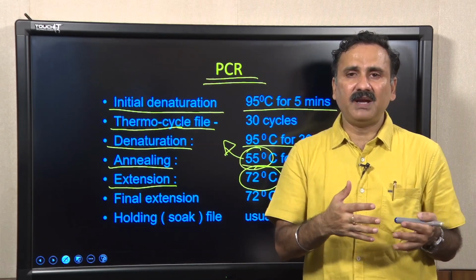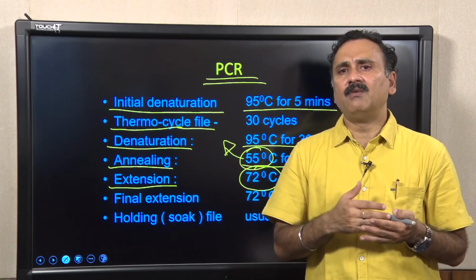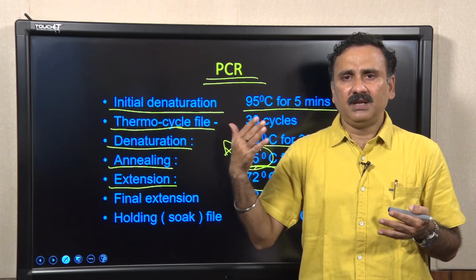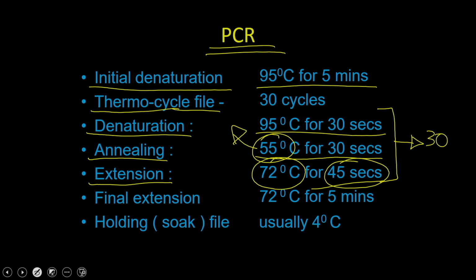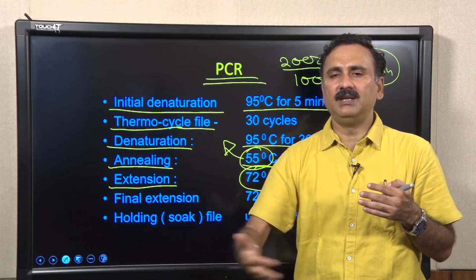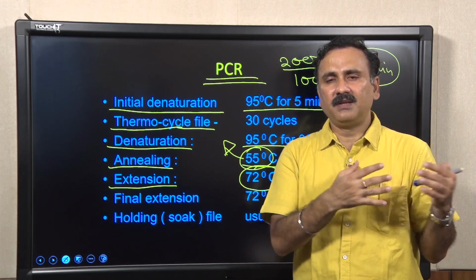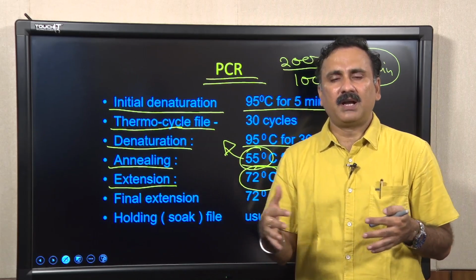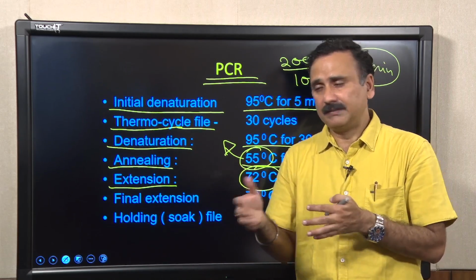For example, if I am amplifying a DNA of 2 kb, I can give an extension time slightly above 2 minutes, because 2000 divided by 1000 gives 2 minutes, but it should be slightly bigger. So I will give 2.1 or 2.2, so that there is enough time for the enzyme to complete the extension. Otherwise, there will be a lot of amplicons that are not complete.